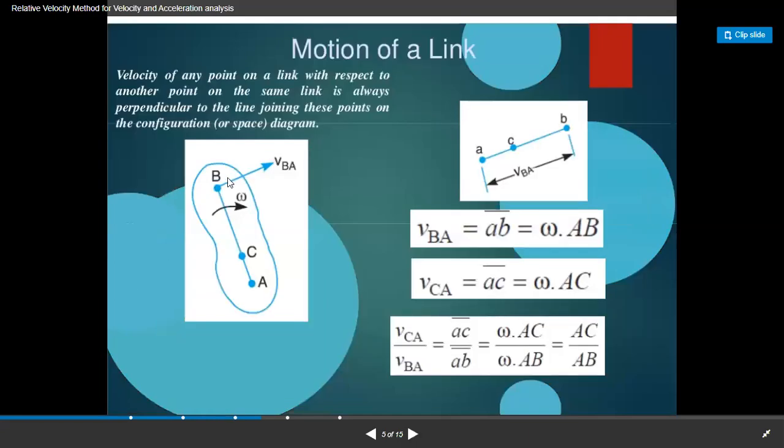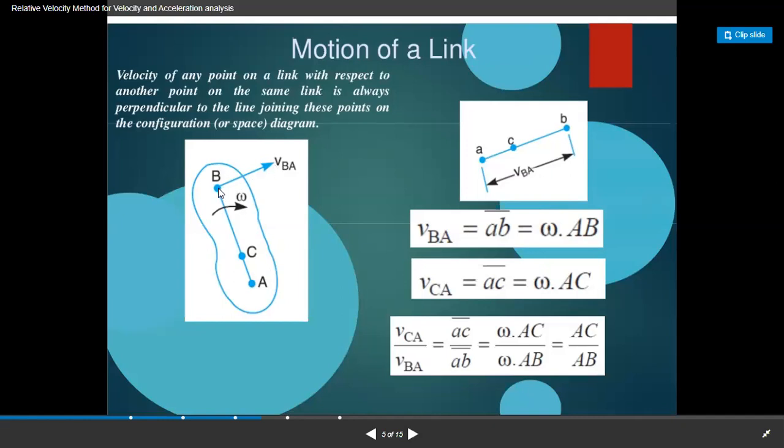Now suppose a link AB has angular velocity omega, then the linear velocity is perpendicular to the link. If the link is having rotational motion about the center A, then the link has rotational velocity, but the linear velocity is perpendicular to the link AB.